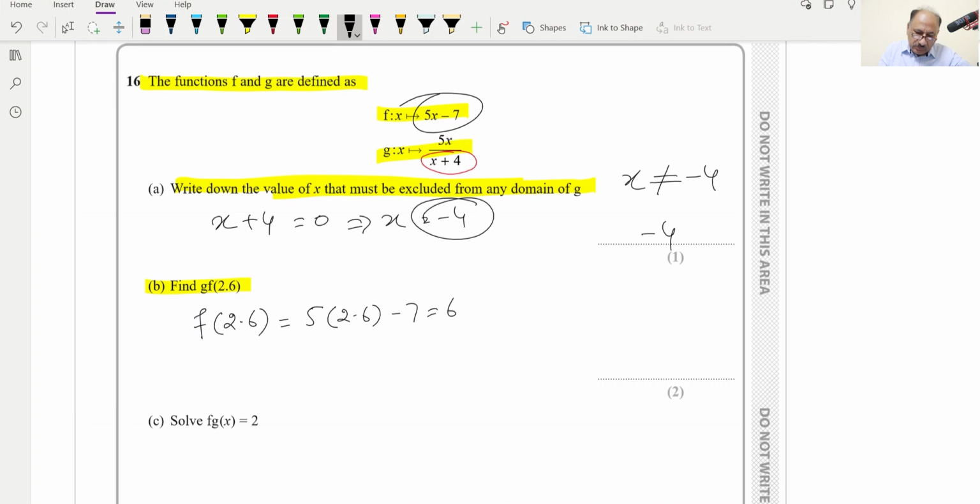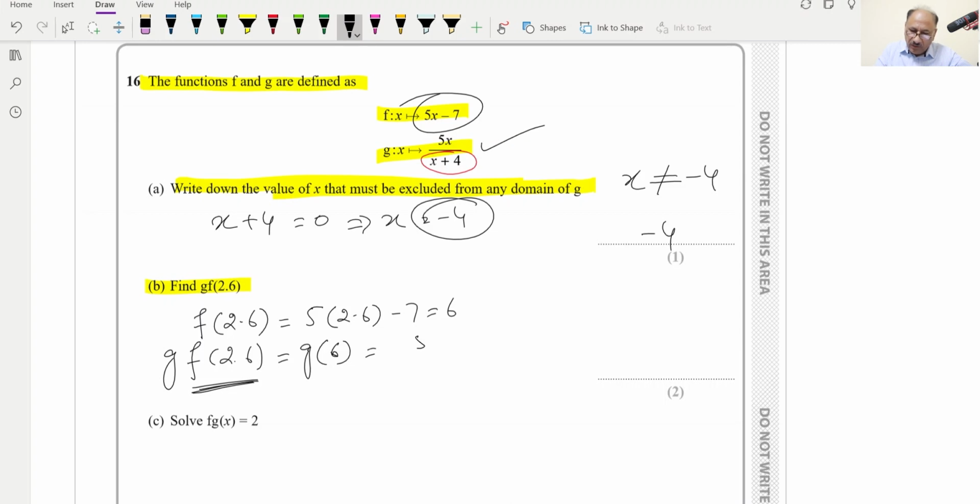So this is equal to 6. Now we can find g of f of 2.6, and this will be equal to g of 6. We can replace the value of f of 2.6, which is 6. So we have written this one, so we will utilize this.